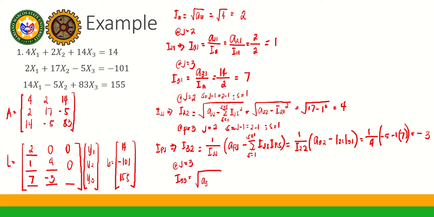So, this is A33 minus the summation of I3S, where S is equal to J minus 1, which is equal to 3 minus 1. So, our S is equal to 2. So, we need to do a summation here. So, S equal to 1 to 2.